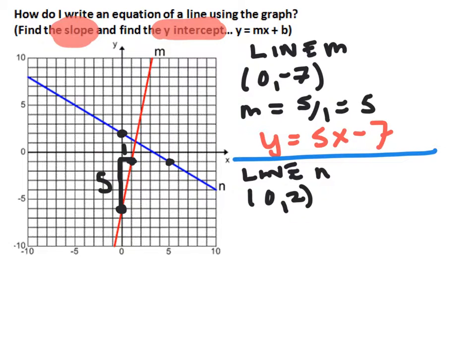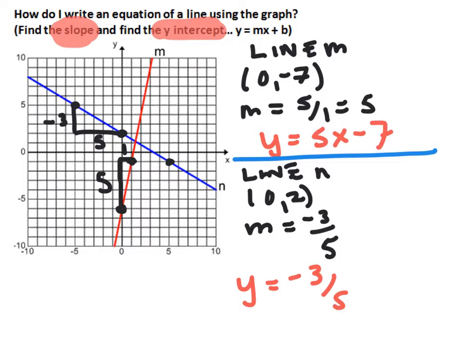Or maybe I'll go the other way. I can find one up here as well. That's also good. So that would be down 3, and over 5. So our slope is -3/5. That means the equation of our line would be y equals -3/5 x plus 2. This is a quick way to obtain the equation from a graph.